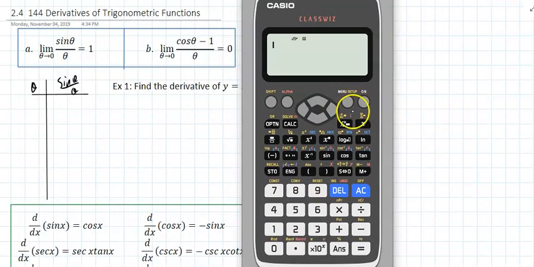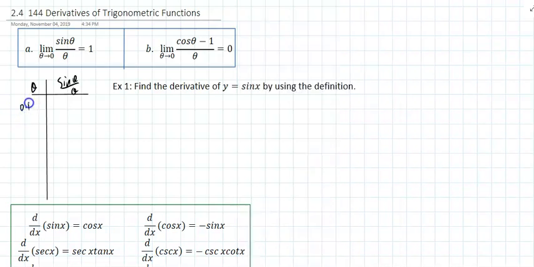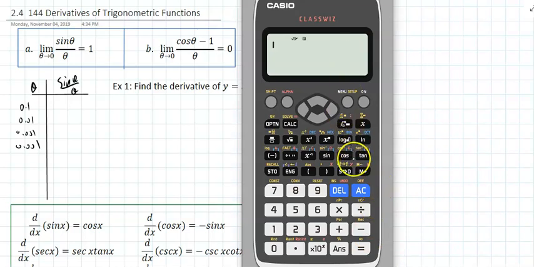And that is radians. And I'm going to take the limit as x approaches 0 of sine of theta over theta. So I'm going to take 0.1, 0.01, and see if this is lining up. And how does this work? Well, let's see.